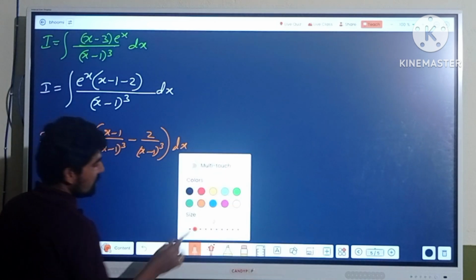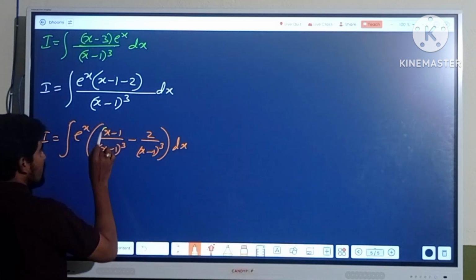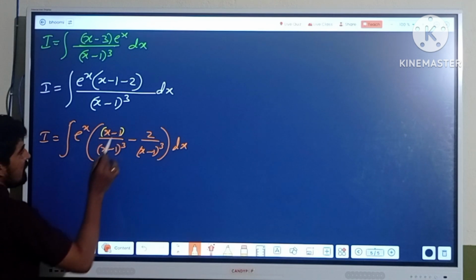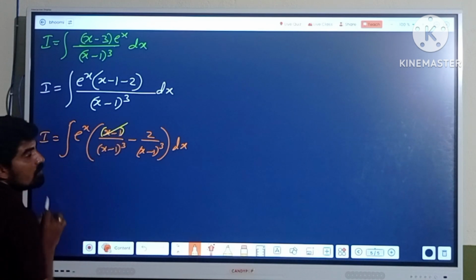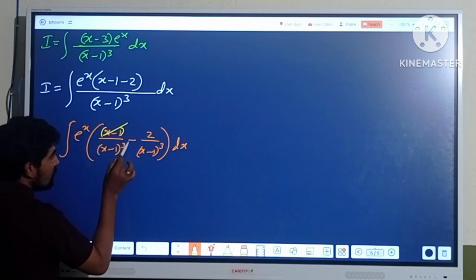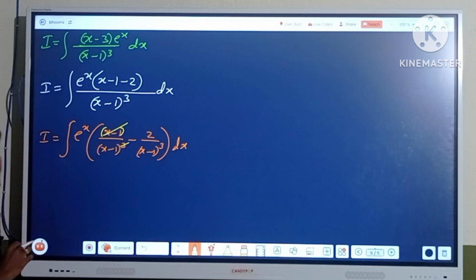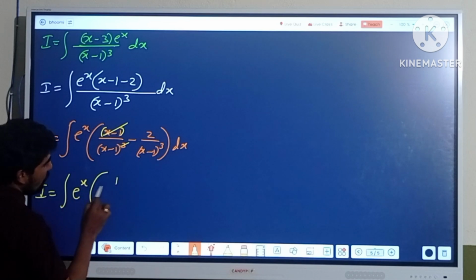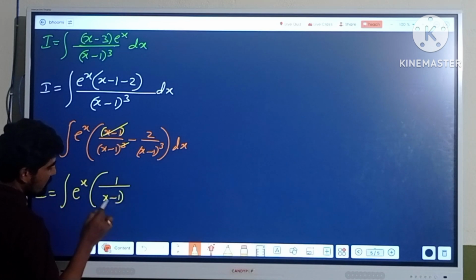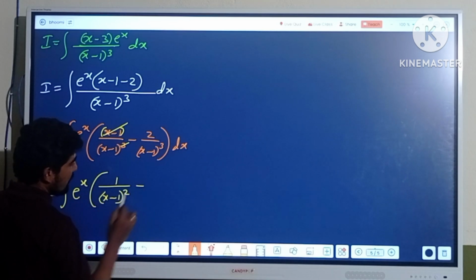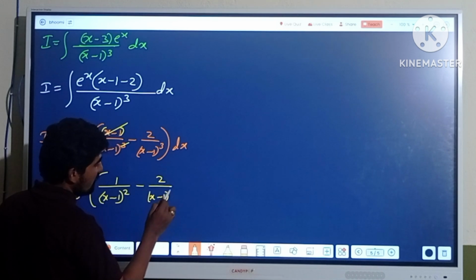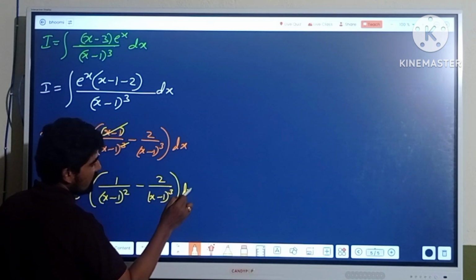Now observe here, (x minus 1) divided by (x minus 1) whole cube. Can I cancel one x minus 1 from the numerator and one x minus 1 from the denominator? Now I is equal to the integration of e power x into [1 divided by (x minus 1) whole square minus 2 divided by (x minus 1) whole cube] with respect to x.